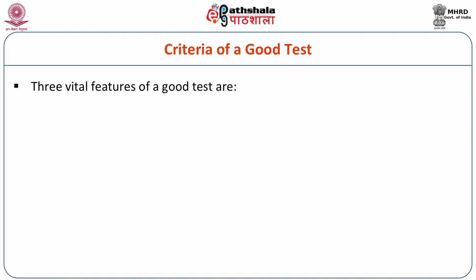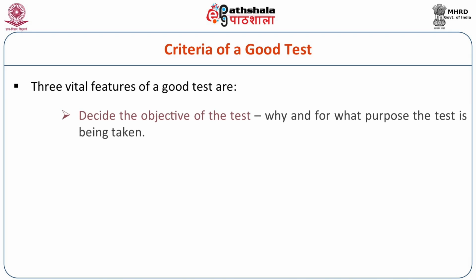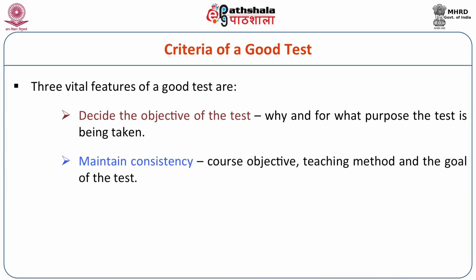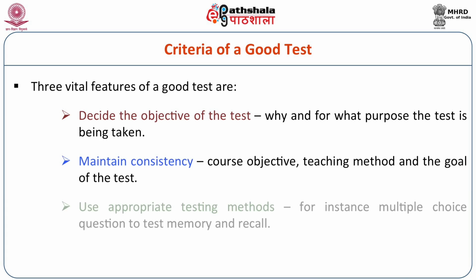In order for the test to be reliable, valid and practical, it is necessary that one should decide the objective of the test, like why and for what purpose the test is being taken, maintain consistency and use appropriate testing methods. Suppose if you want to test the fluency of the learner, then you will have to take a speaking test.